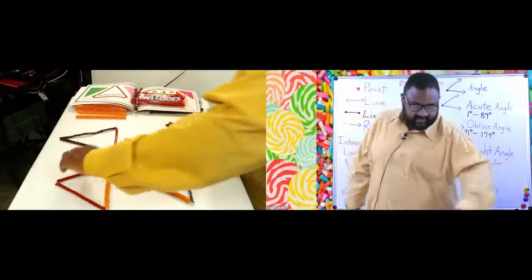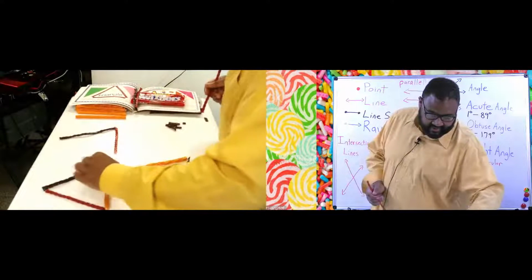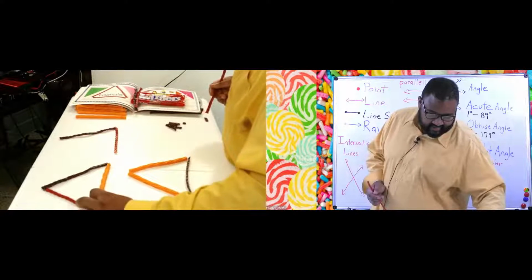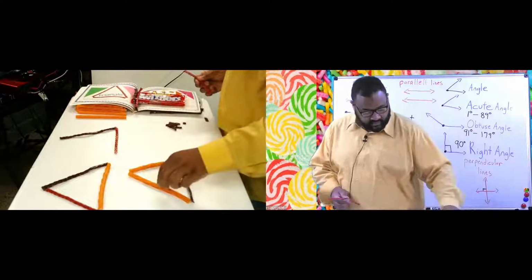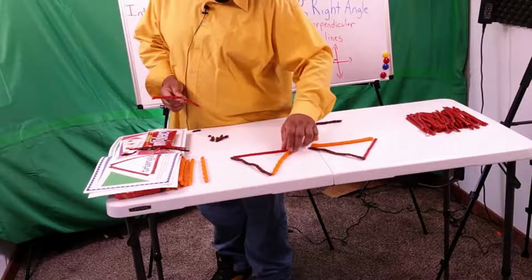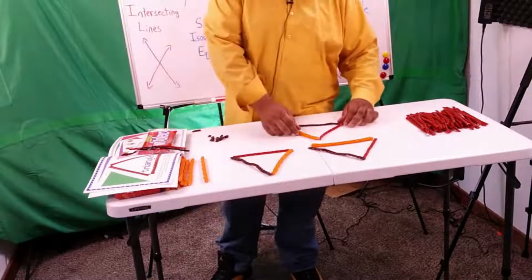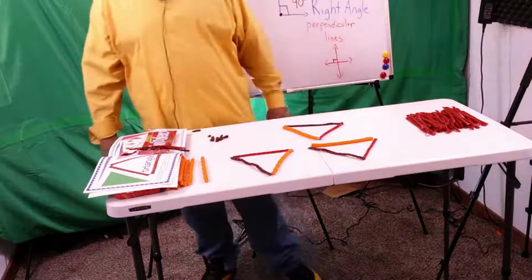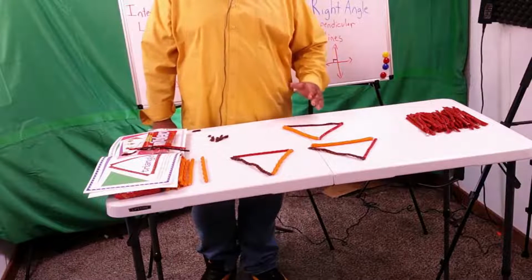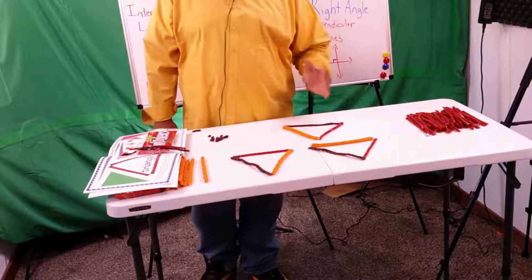So let me see. Can I switch some things around real quick? So each of these triangles here is considered to be a scalene. Why? Because guess what? No sides are the same.